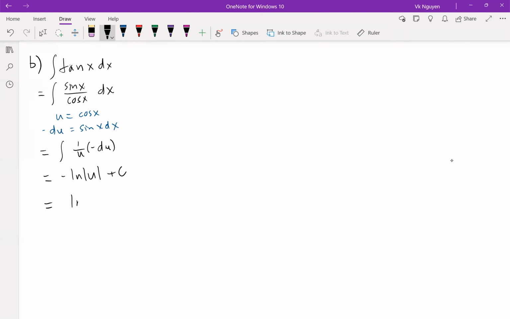The same as ln absolute value of u to the negative 1, or 1 over u, absolute value of 1 over u plus c. And doing the substitution, we have ln absolute value of 1 over cosine x plus c. 1 over cosine is the same as secant, so ln absolute value of secant x plus c.